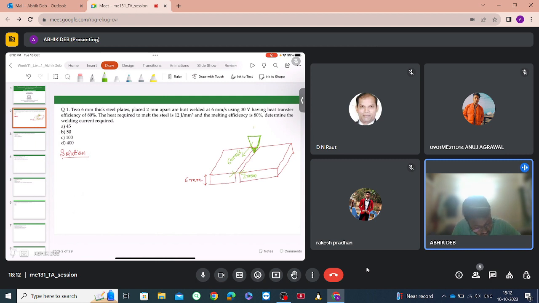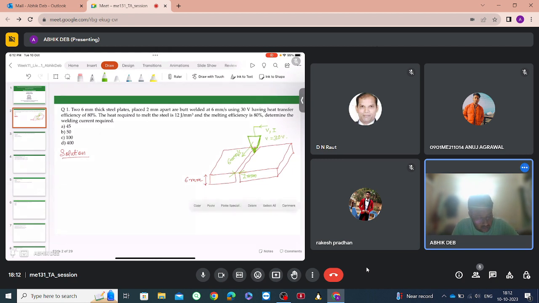Some voltage and current will have to be supplied so that the melting takes place. The voltage here is 30 volt, and the current to be supplied is to be found out.